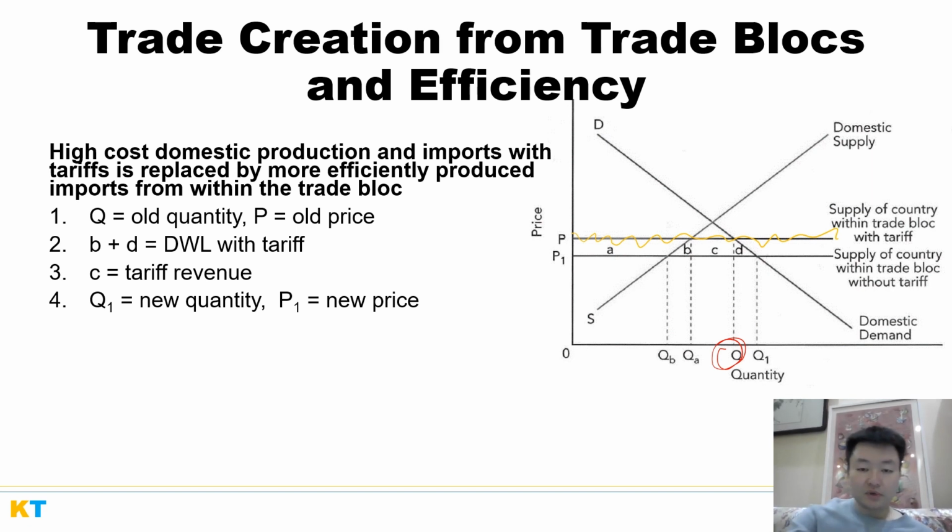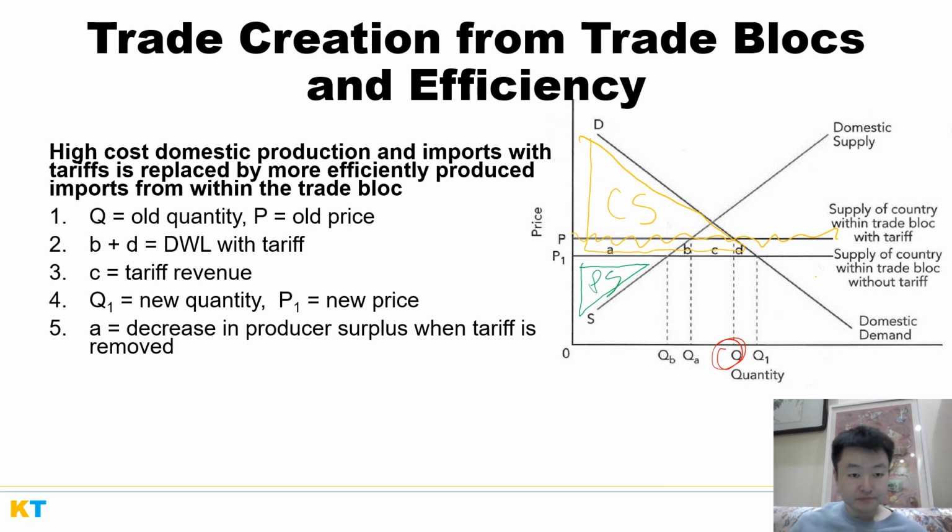So we go to a situation where this triangle is now consumer surplus again, and right here this triangle is producer surplus. There's no tariff revenue, but there's also no deadweight loss now. So this is more efficient.